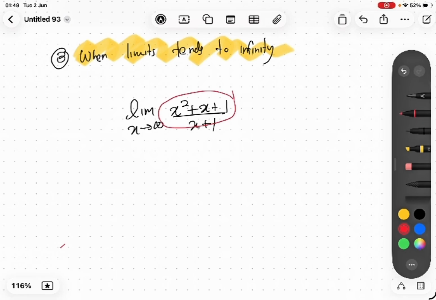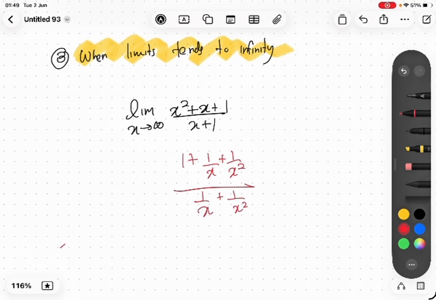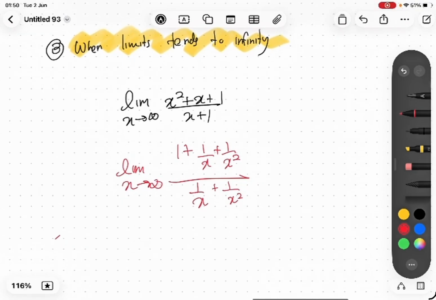Here we get 1 plus 1 over x plus 1 over x squared, and in the denominator, when you divide by x squared, we get 1 over x plus 1 over x squared. That is limits when x tends to infinity. So what happens here when x tends to infinity?